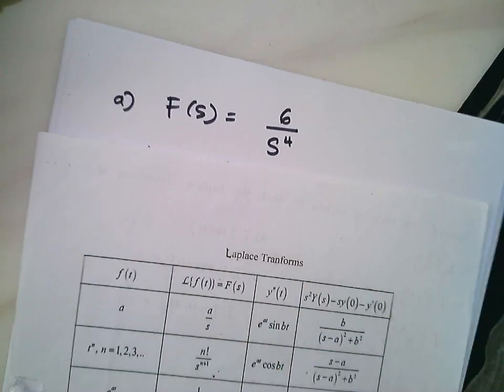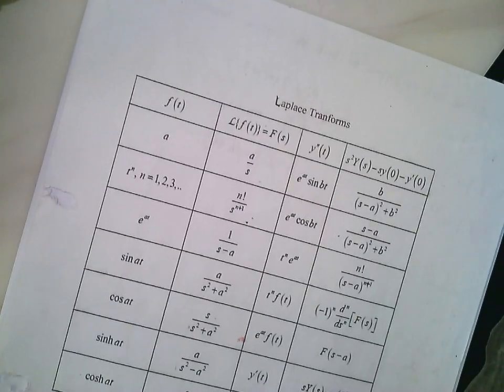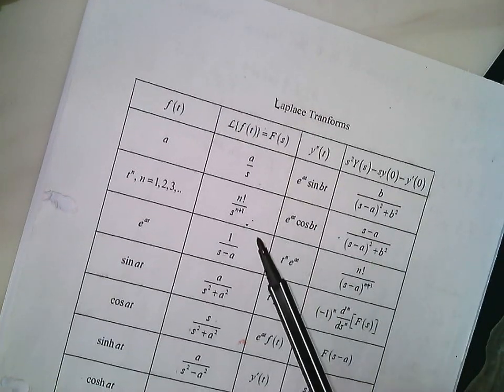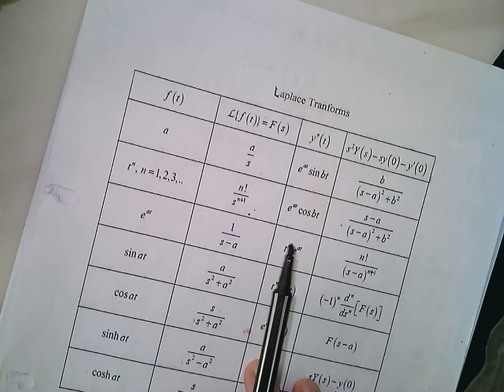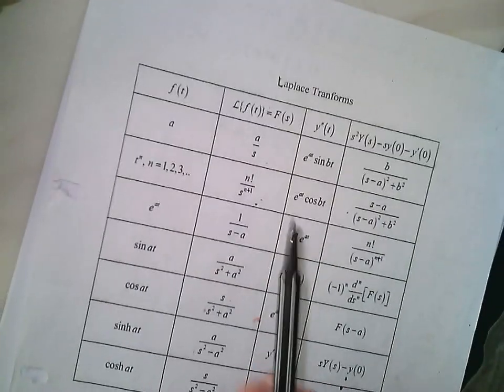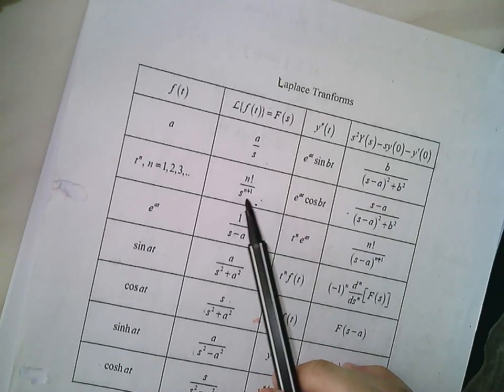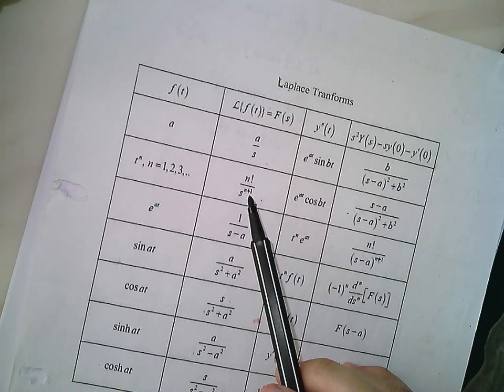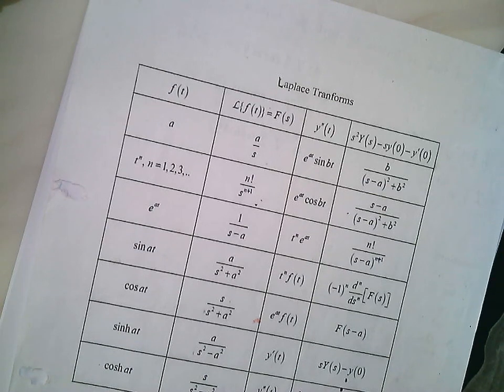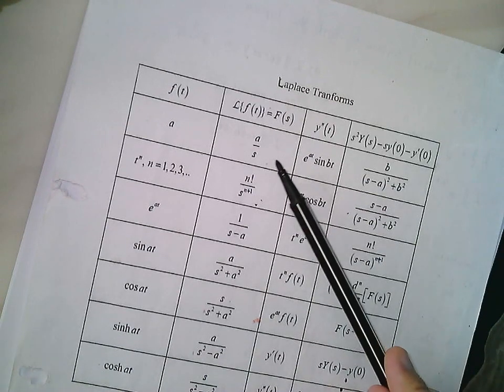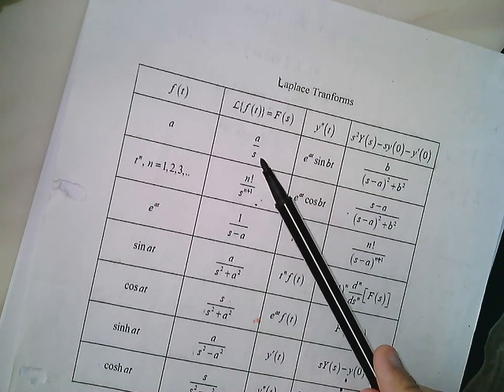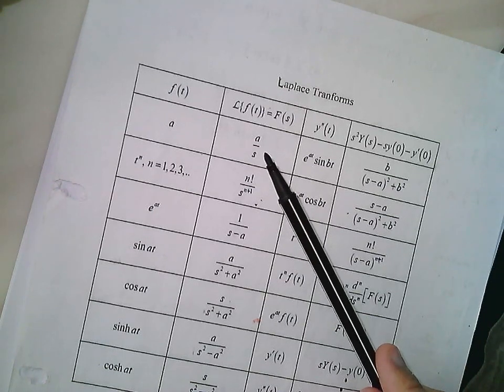Okay, so from the table of Laplace transform, we will choose the second one, which is n factorial over s^(n+1). Okay, why didn't we choose the first one, a over s? Because this one here is for s to the power of 1.